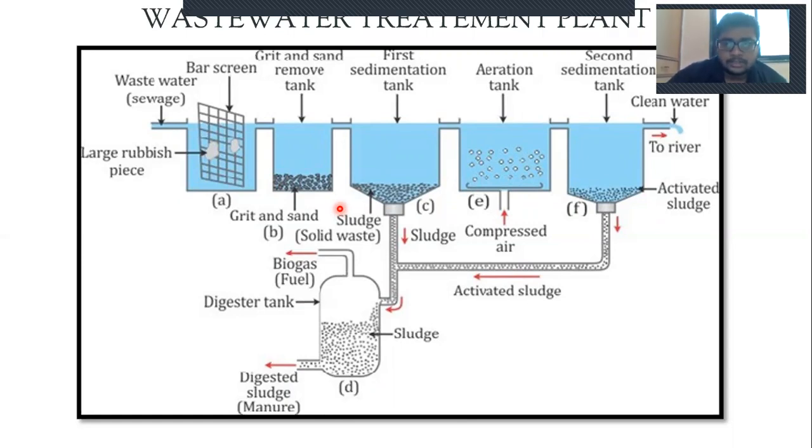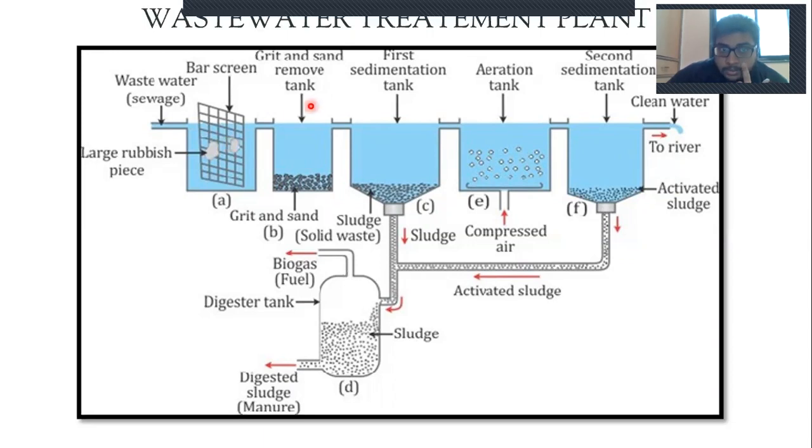You can actually drink it also. See this here. The wastewater, the sewage water, is first taken inside. There is this bar screen over here. This bar screen filters out big particles inside the water, like plastics and all those things.